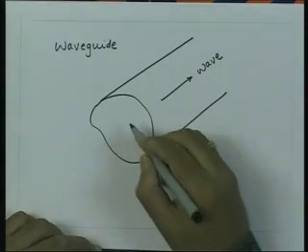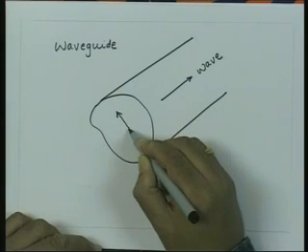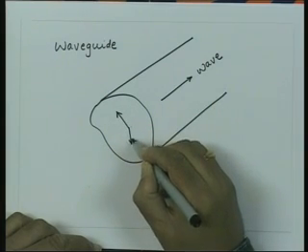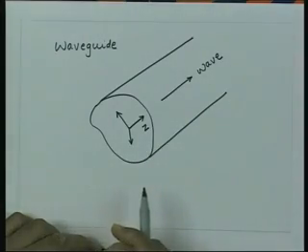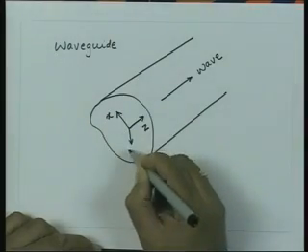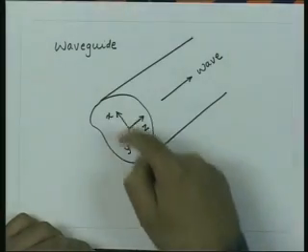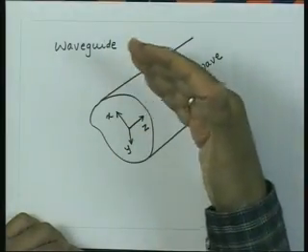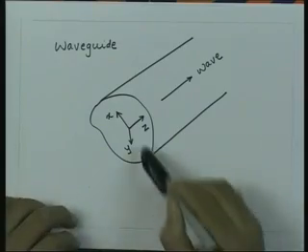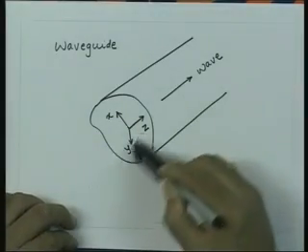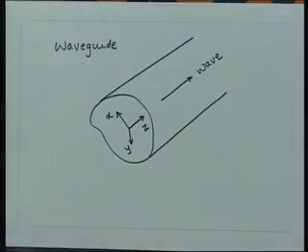So, I can orient my coordinate system such that I have this direction x, this is y, and this is z. The xy plane is the cross sectional plane for this waveguide, and the wave is going to propagate in the z direction, which is the axis of this pipe, what is called the waveguide.